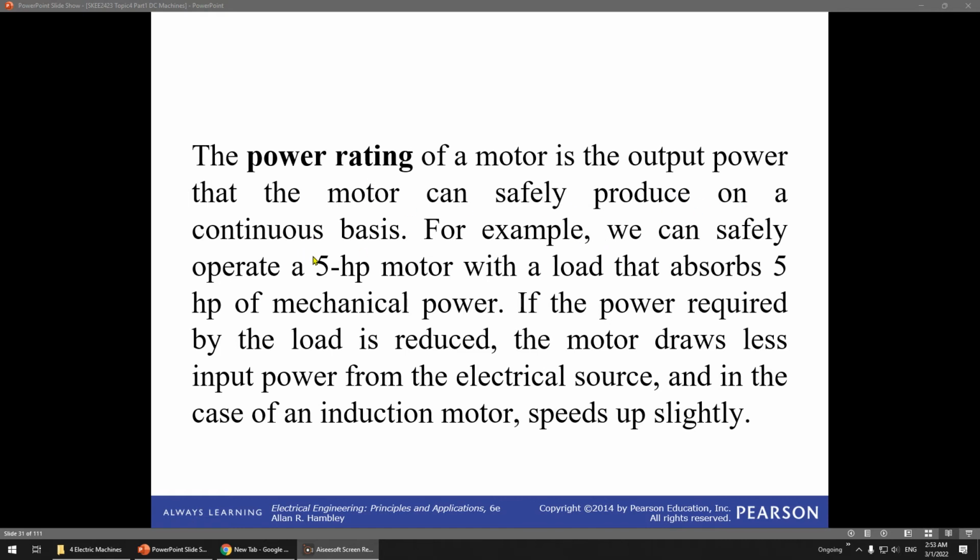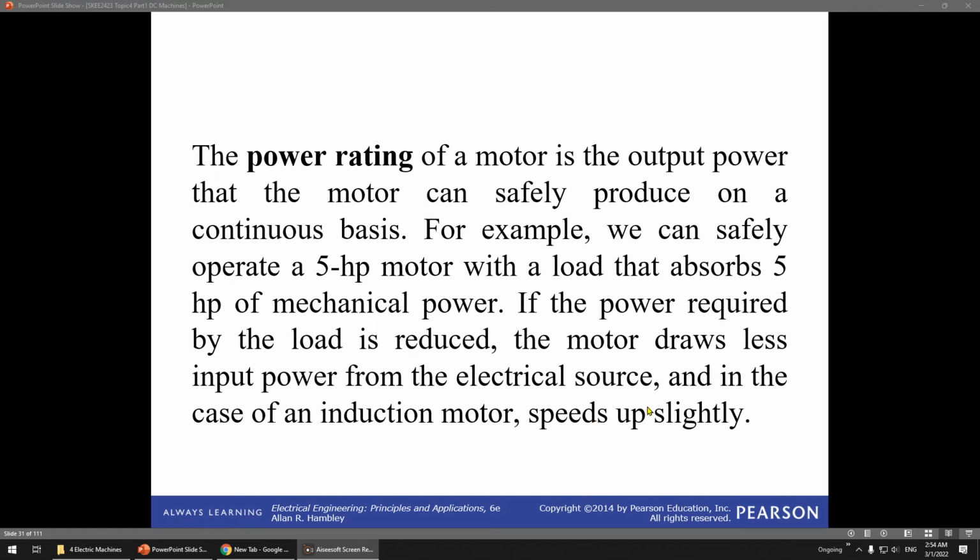For example, we can safely operate a 5 horsepower motor with a load that absorbs 5 horsepower of mechanical power. If the power required by the load is reduced, the motor draws less input power from the electrical source. In the case of the induction machine, it speeds up slightly.